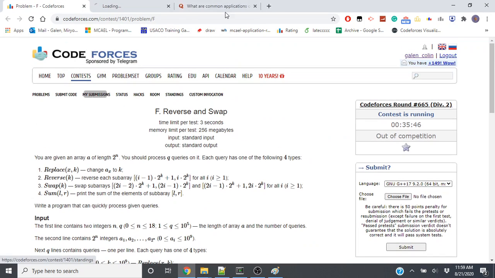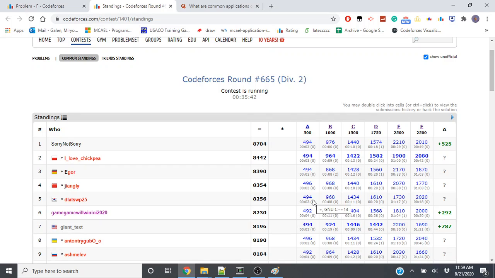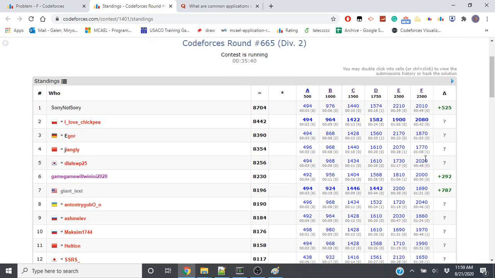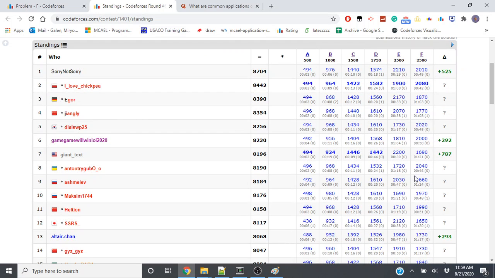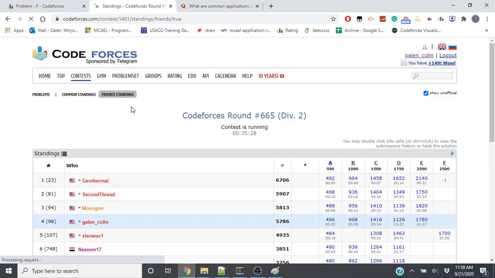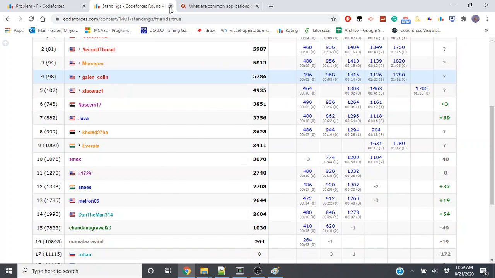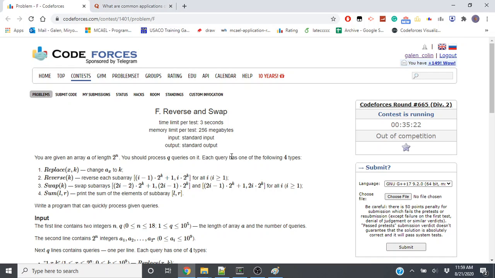Actually, let's see how fast people solve this. 30 minutes, 28 minutes. Solved F before E. 22 minutes. Maybe it's more than just a basic tree problem.